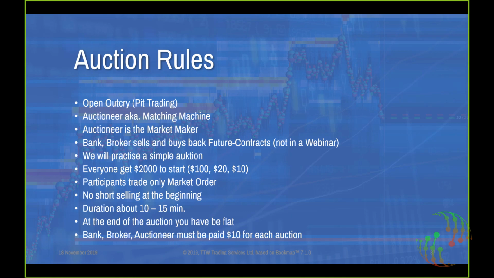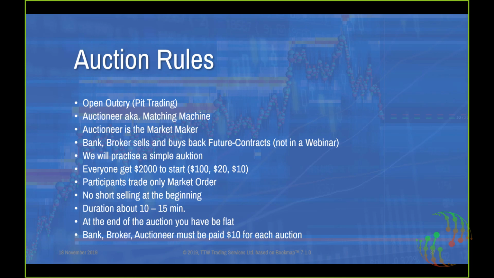Let me define some rules, guys, and please concentrate. We will do that only 5-10 minutes, not more, and then go into the discussion. It's an open outcry. I am the auctioneer and the market maker. I'm the supervisor here.